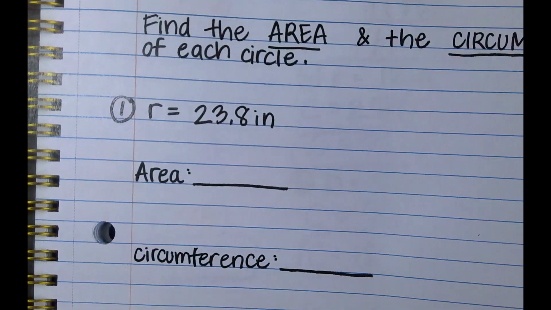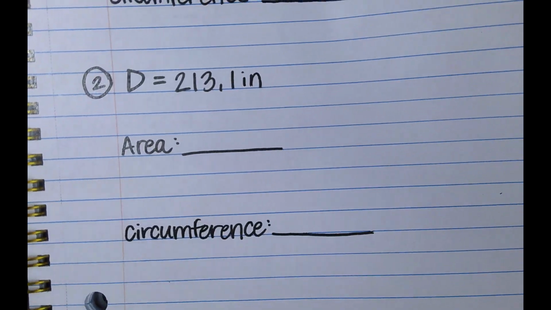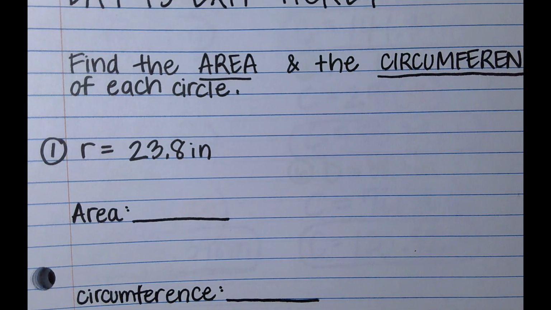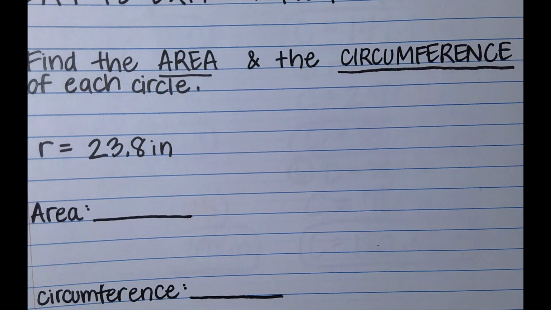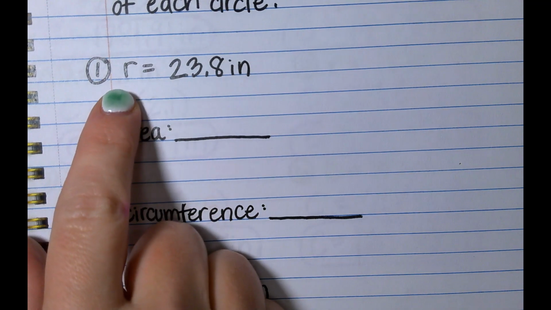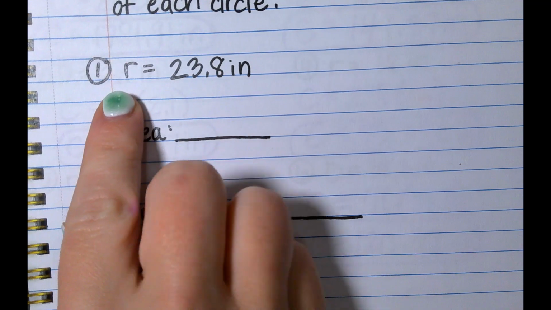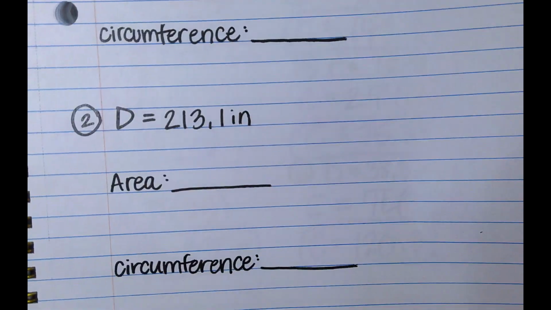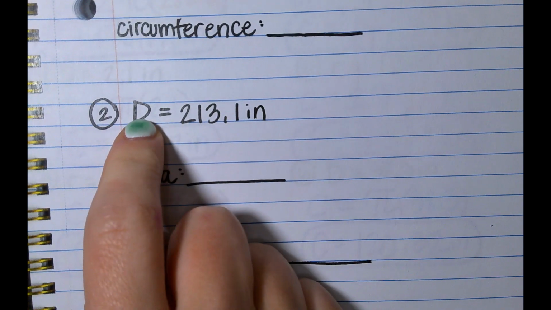There are 2 questions, but within each question there's 2 calculations. You're going to find the area and the circumference of each circle. Pay attention to if you're given a radius or a diameter. Number 1, you're given a radius. Number 2, you are given a diameter.